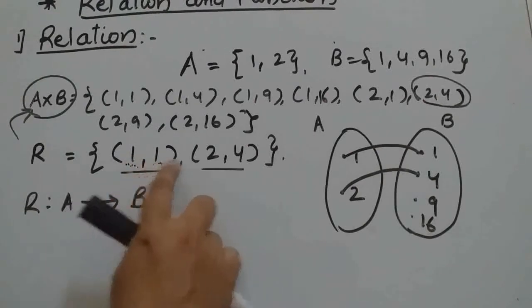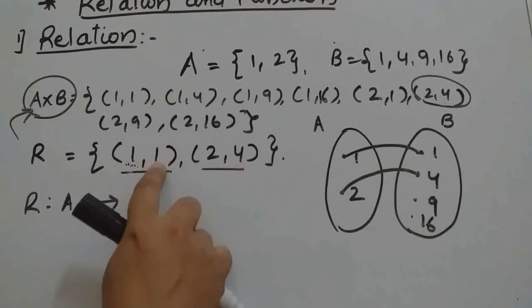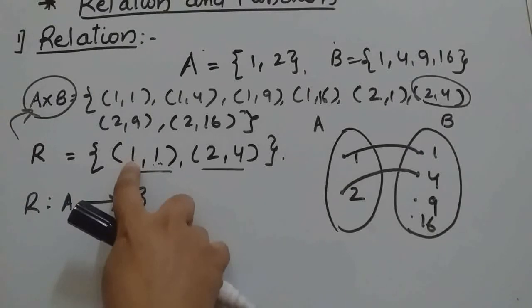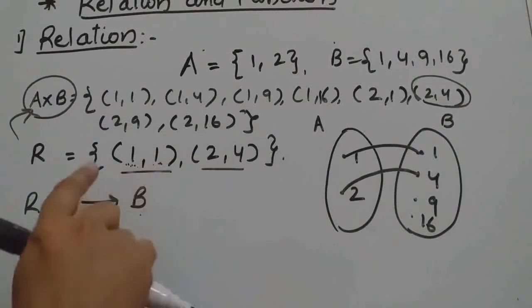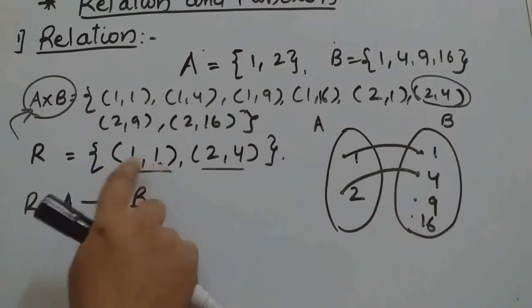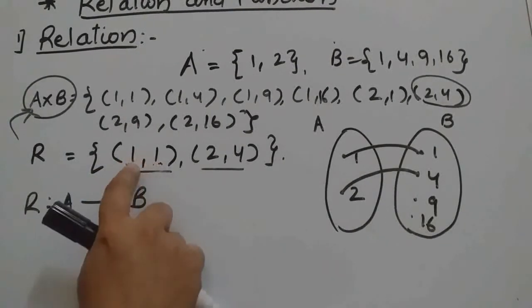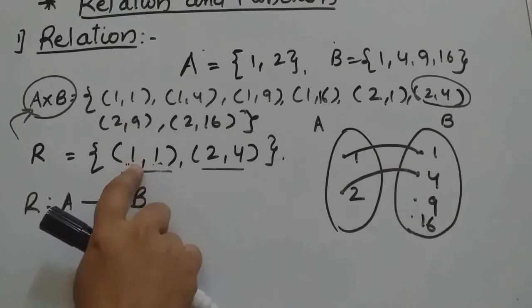See here, which relation can we say? Second number is a square of first number, isn't it? 4 is a square of 2, 1 is a square of 1. So each element in relation describes some common property.